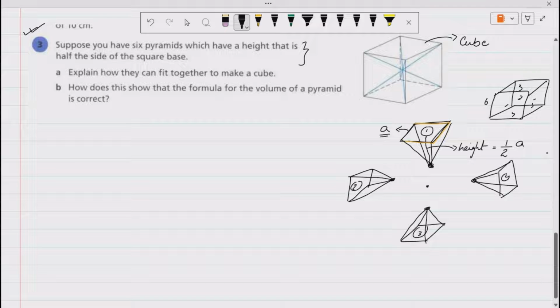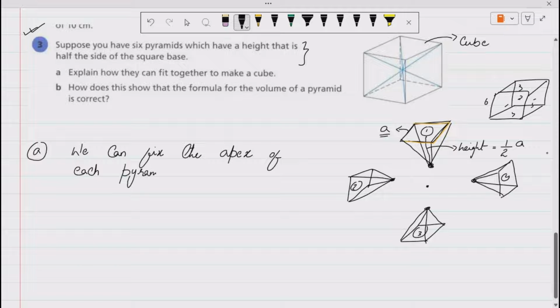Okay. Now in part A, we have to explain how they can fit together to make a cube. We already did that. We can fix the apex of each pyramid.